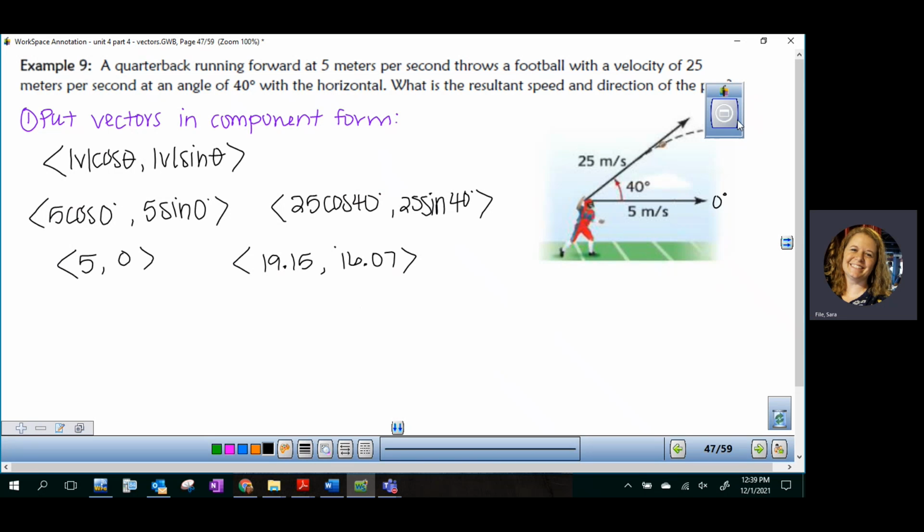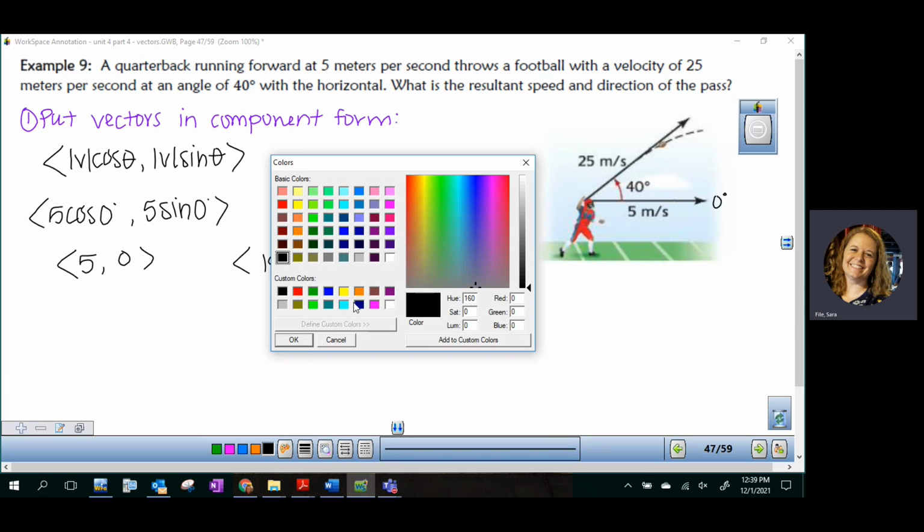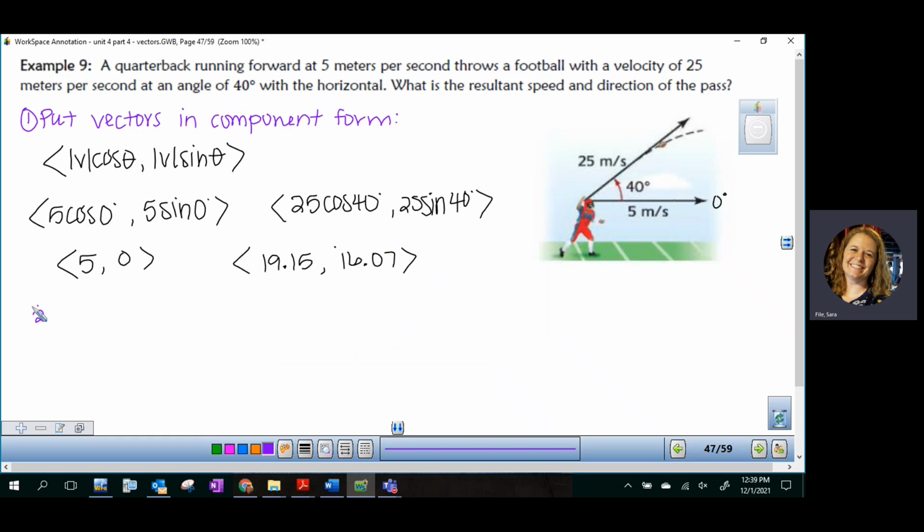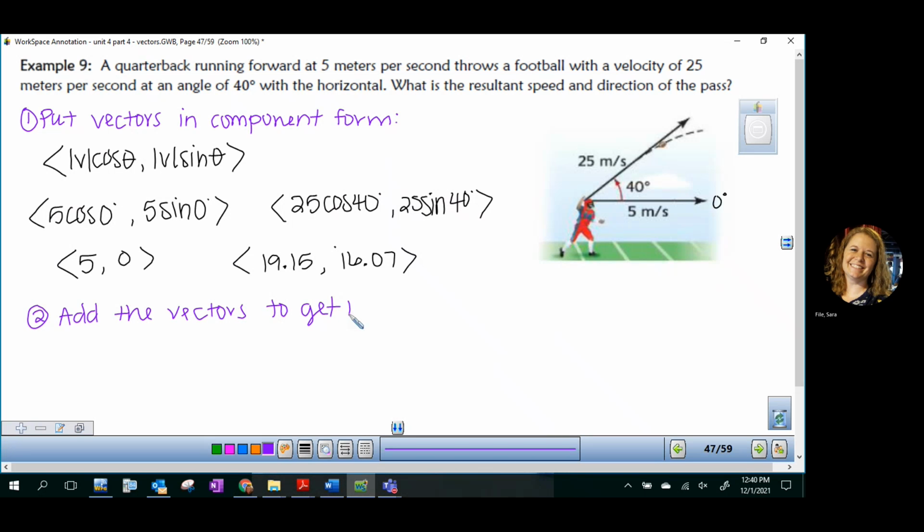Now, they're wanting the resultant speed and direction, right? They want us to add the vectors. They want the resultant vector. Doesn't that mean add the vectors? Okay, so that's step 2. Add the vectors to get the resultant.